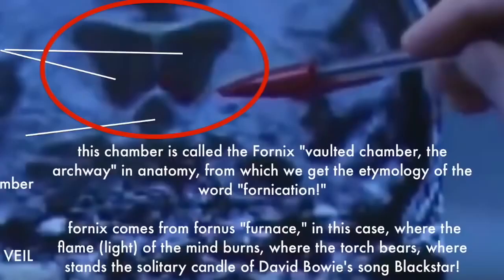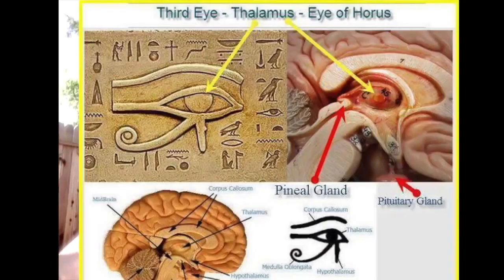And the third ventricle is where the pineal gland is located, as well as the pituitary gland. And the pineal gland is obviously what we know as the third eye. So this third ventricle here is where we find the third eye: the third ventricle, the third eye, the vaulted chamber.